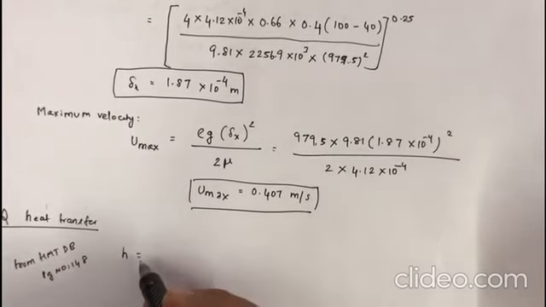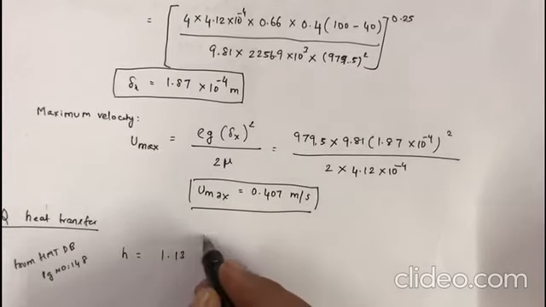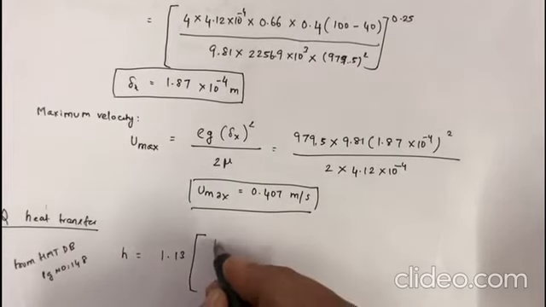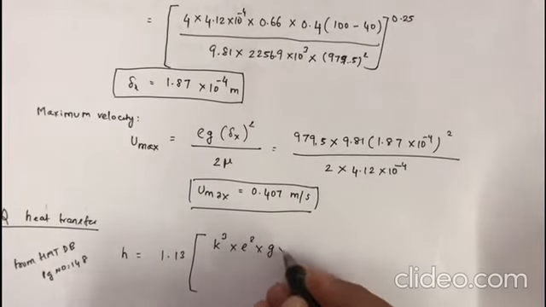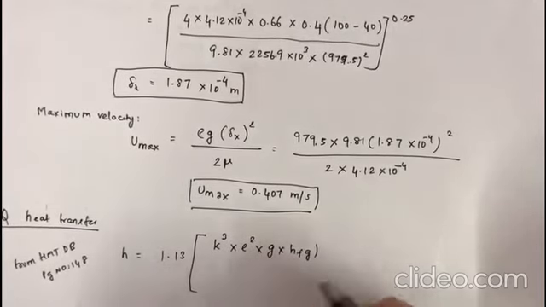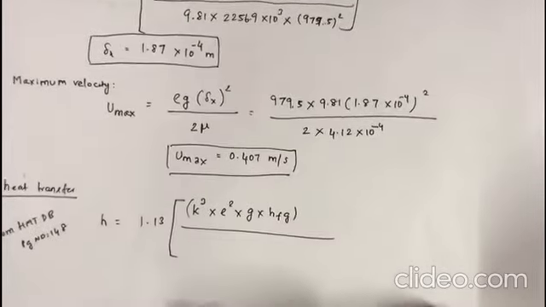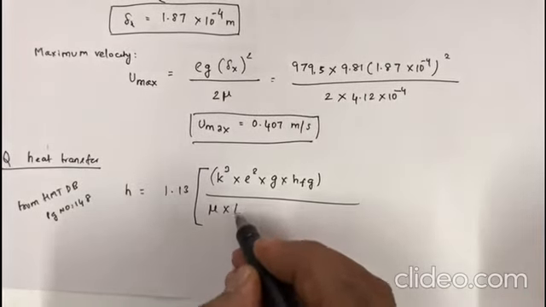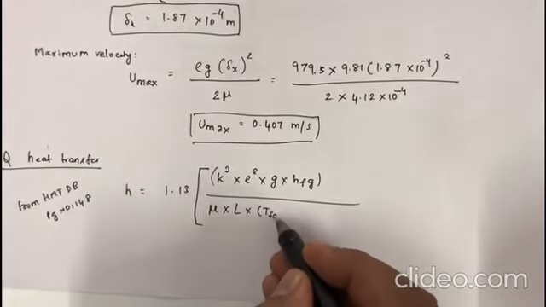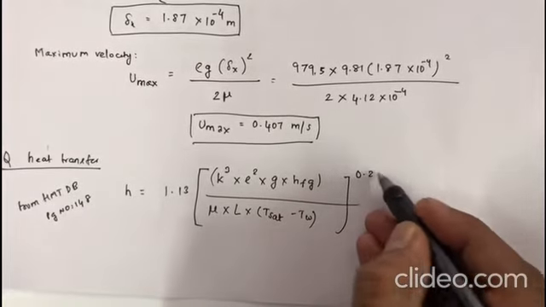This equation is available, which is h equal to 1.13 into (k cube into rho square into g into hfg divided by mu into L into (Tsat minus Tw)) power 0.25.